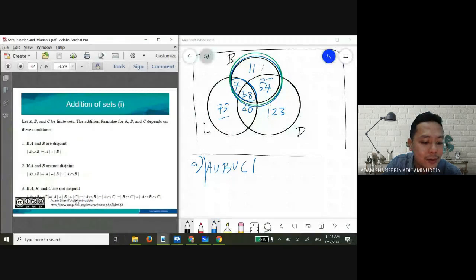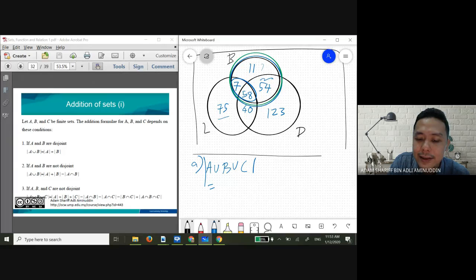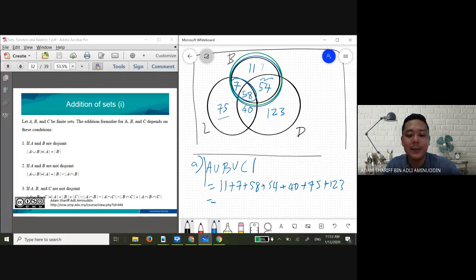Yang last one tu, A tambah B tambah C, tolak A intersect B, tolak A intersect dan bla bla bla. Boleh. Tetapi boleh juga kalau kamu guna direct ditambah semua kat dalam ni. 11 tambah 7 tambah 58 tambah 54 tambah 40 tambah 75 tambah 123 pun boleh dapat jawapan yang sama.